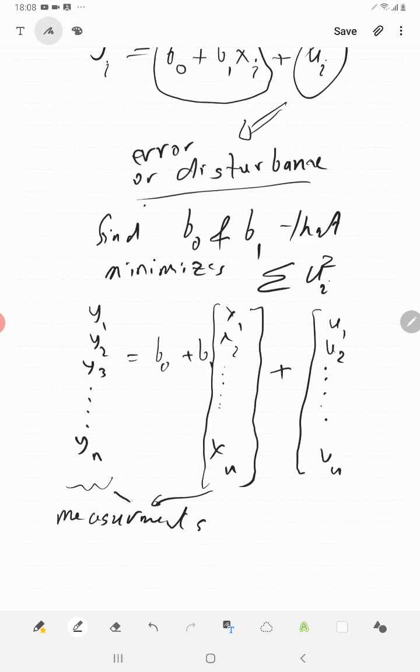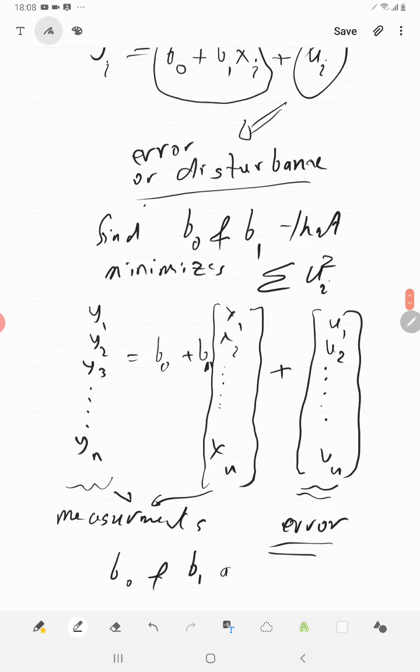This and this are measurements, and this one is the error. Okay, and these are constants. b0 and b1 are coefficients. We want to estimate these coefficients.